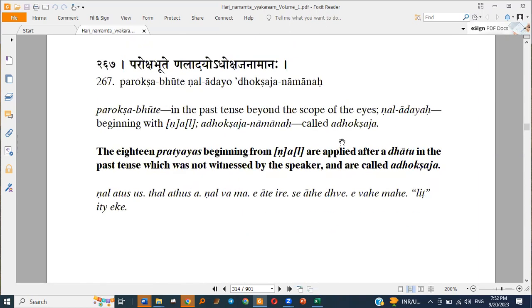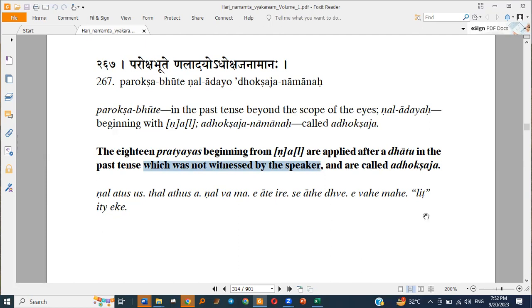The next one is Paroksha Bhutena Ladayo Bhukshaja Namanaha. The next 18 pratyas are used in the past tense, which was not witnessed by the speaker. For example, if I say Krishna ate dirt, I have not personally witnessed Krishna eating the dirt. Of course, unless I'm self-realized and I have Sakshat Darshan, that's a different thing. But when I'm speaking, Krishna ate dirt, I didn't really see it with my physical eyes.